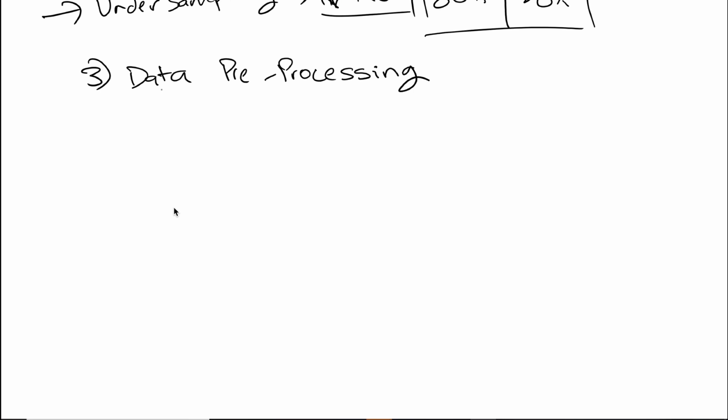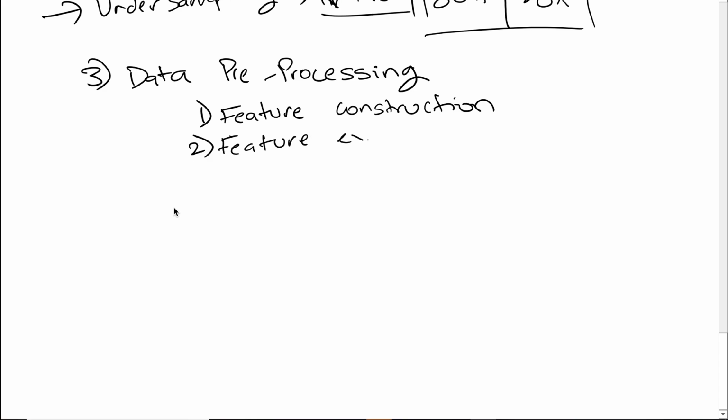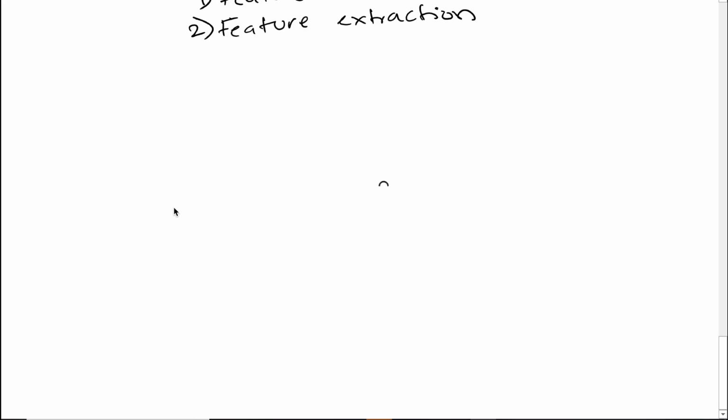Pre-processing data basically means you're working with two elements here. The first element of data pre-processing is known as feature construction, and the second element is known as feature extraction.